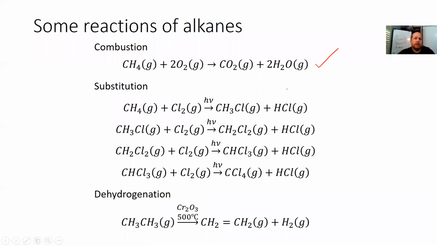You should know, for example, how to balance a combustion reaction. Remember, a combustion reaction, especially with an alkane, so you have an alkane that reacts with oxygen to form carbon dioxide and water. And this is, by the way, a redox reaction of sorts. If you look at the oxidation state of the carbon in methane, it should be -4.